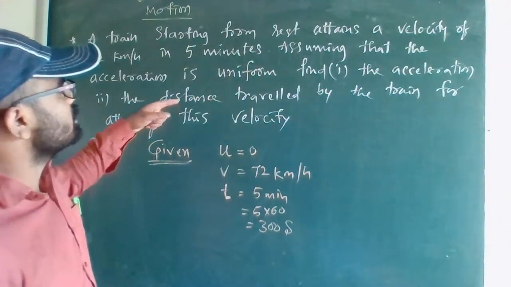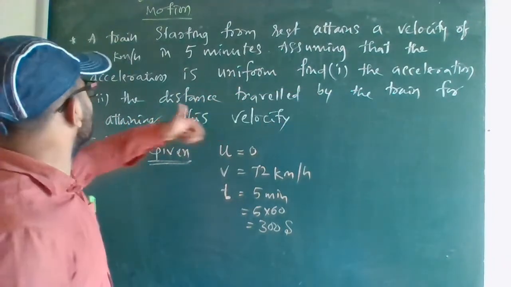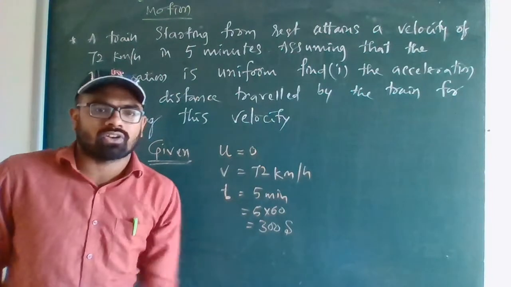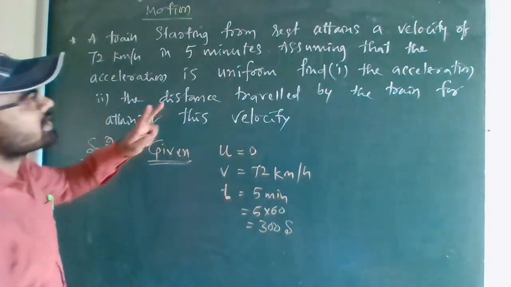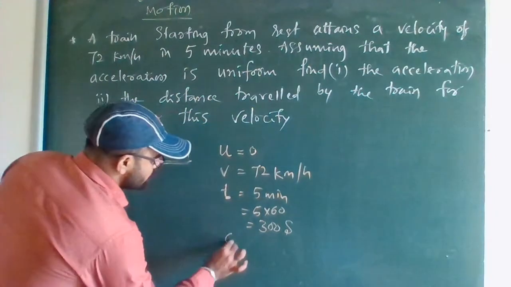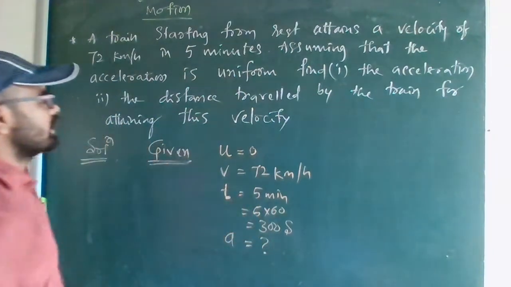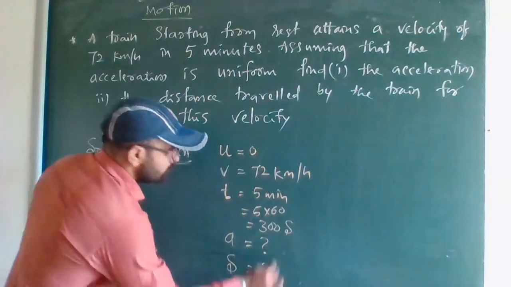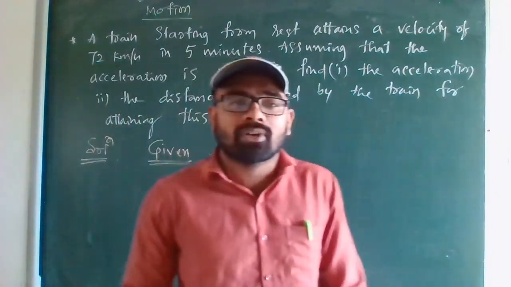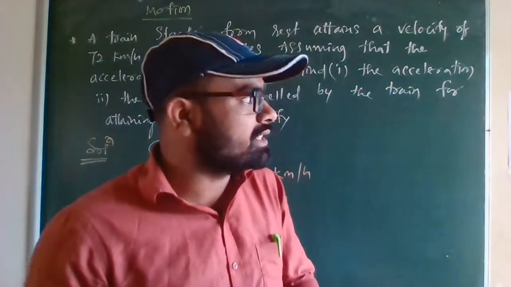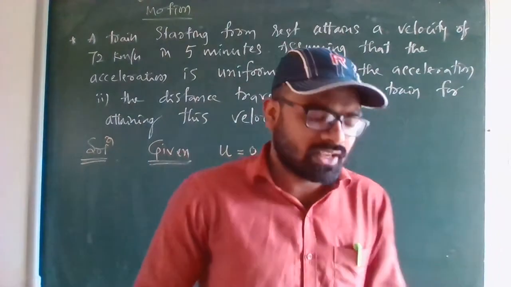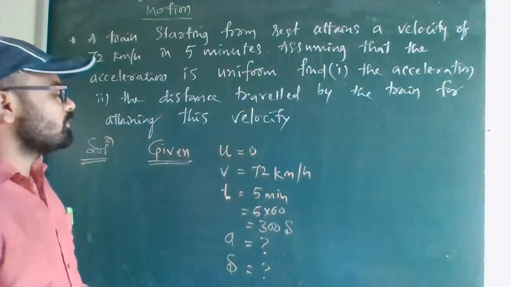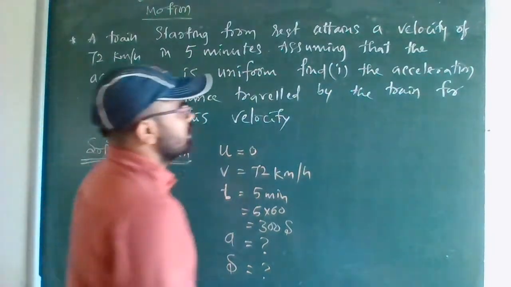Now, assuming that the acceleration is uniform, find the acceleration and the distance traveled by the train for attaining this velocity. So what have they asked? They have asked us to find the acceleration and the distance traveled. So how do we find a? A very easy formula, the first formula, we can use.